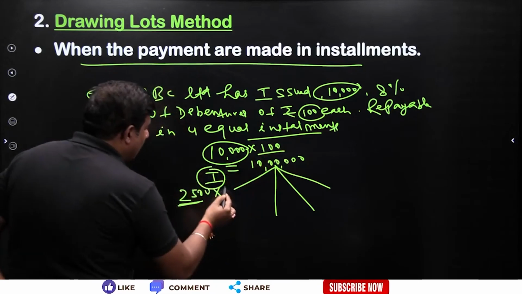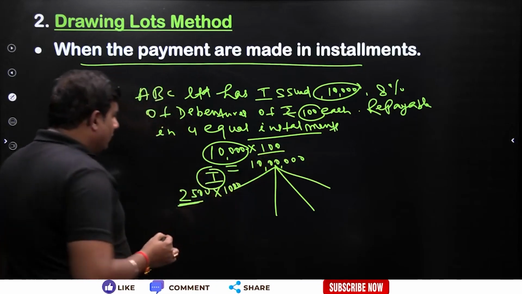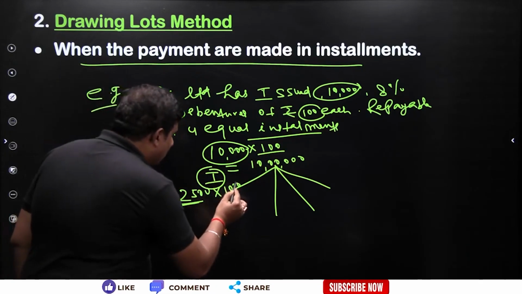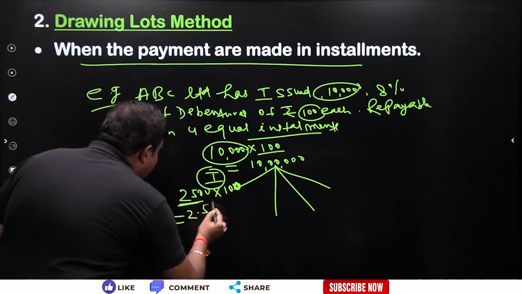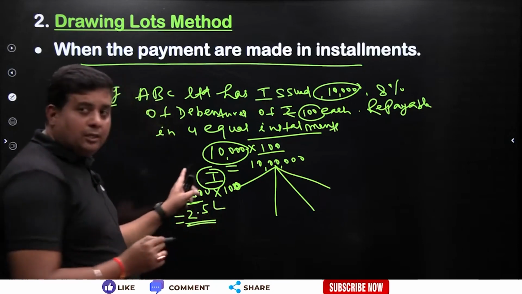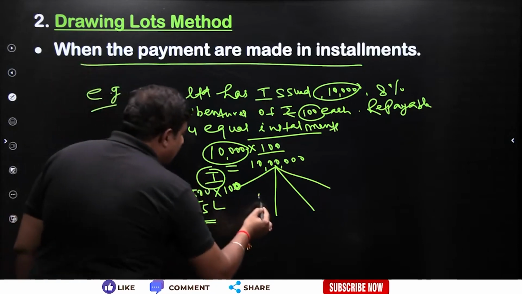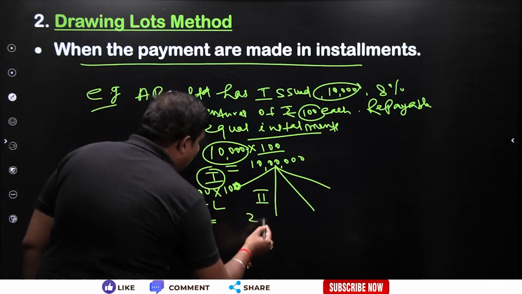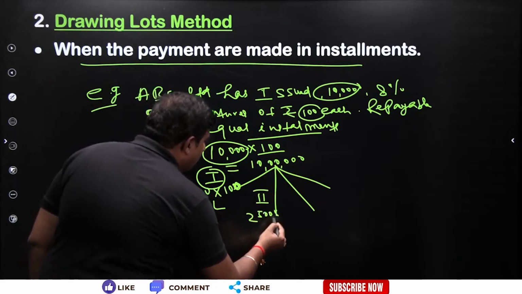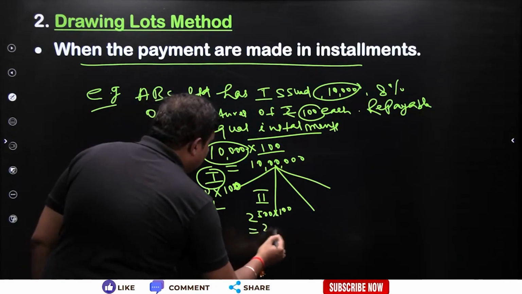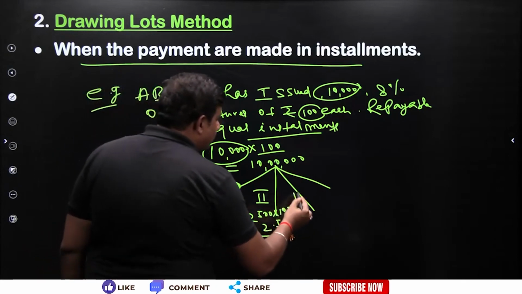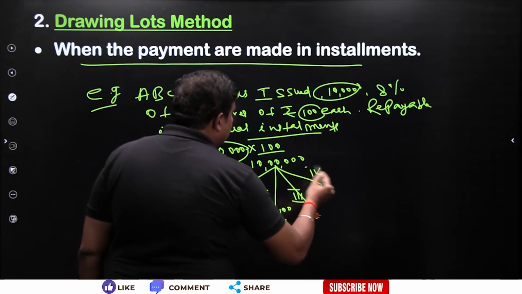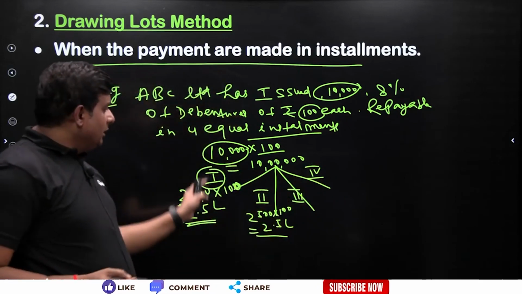So we are going to redeem 2.5 lakh worth of debentures in the first year. In the second year, we do the same: again 2,500 debentures at the rate of 100 each are redeemed, so 2.5 lakh worth of debentures is redeemed in the second year. The same goes for the third and fourth year. So this is the way you can make the payment.